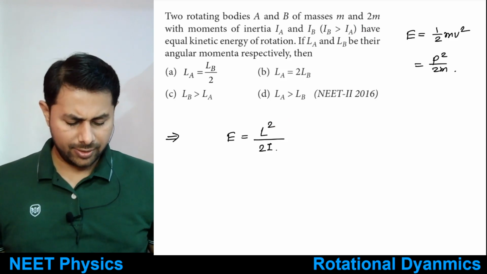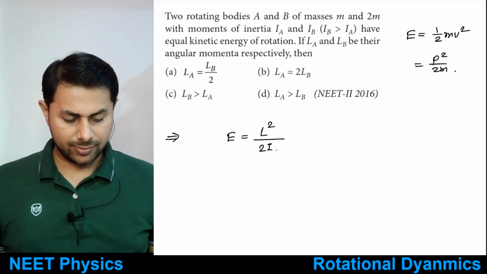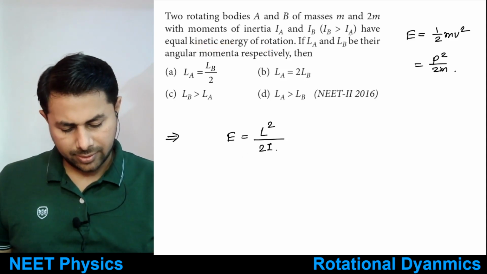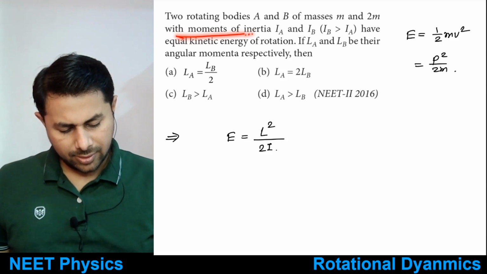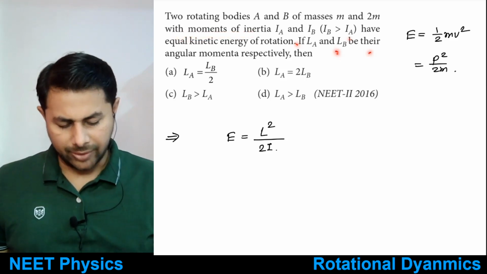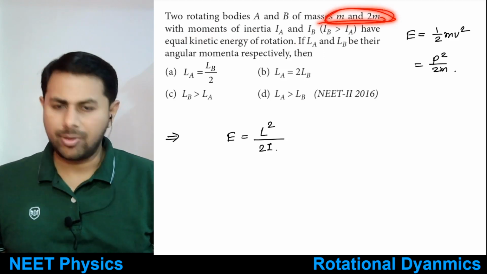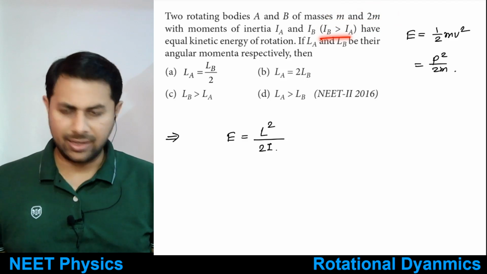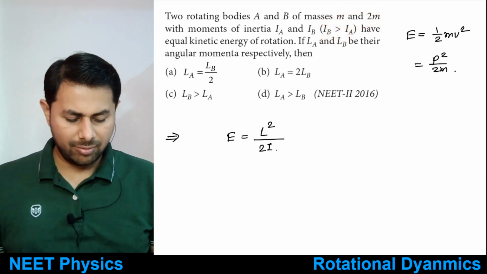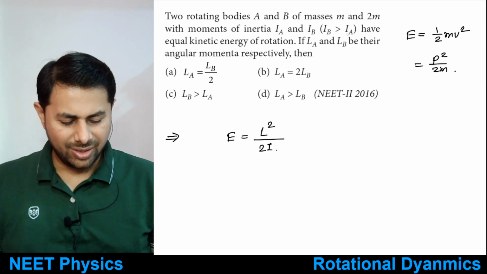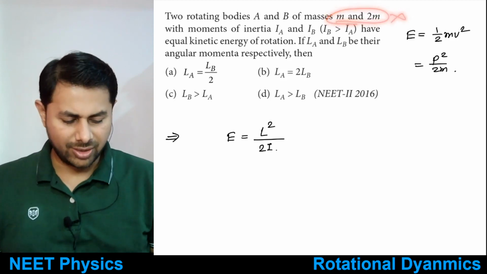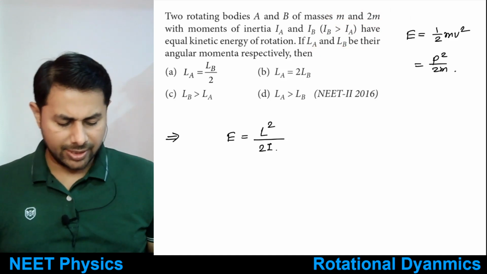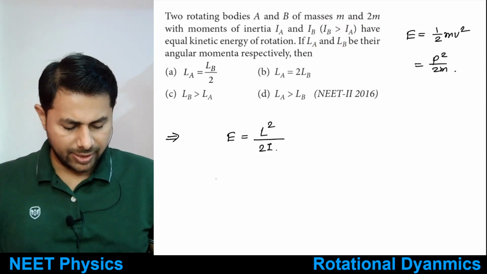And kinetic energy is equal. Now you don't need to think about mass because IB is greater than IA is given directly. Radius etc. is not given, so the mass is extra information, not needed. Then what will be the relation between the angular momenta?